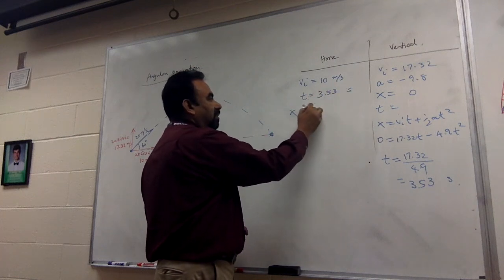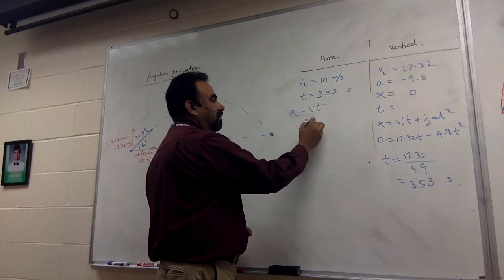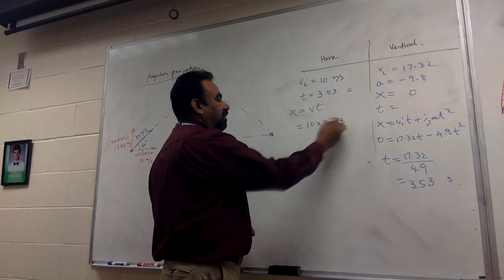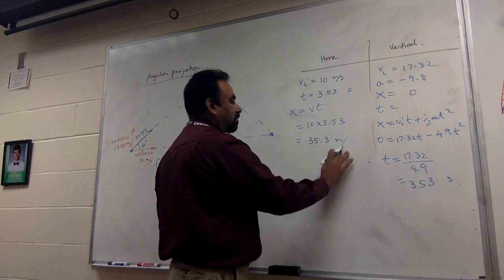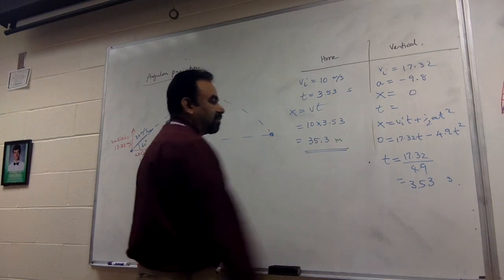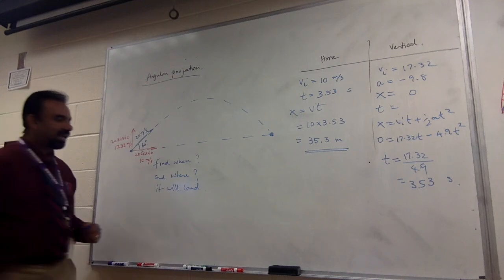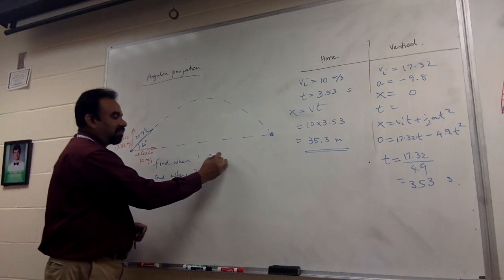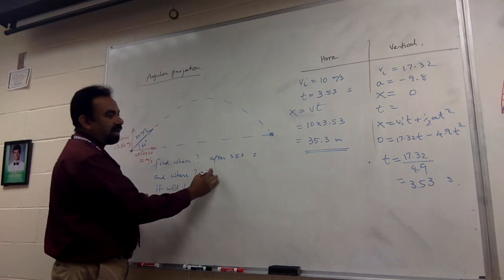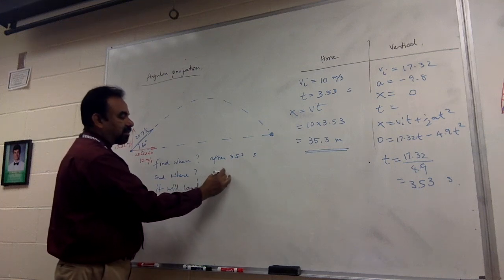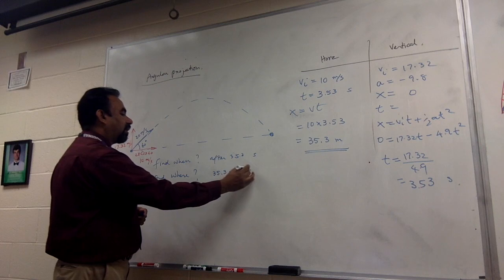And then x is equal to Vt, 10 times 3.53, which is 35.3 meters. That's it. So when does it land? After 3.53 seconds. Where does it land? 35.3 meters away.